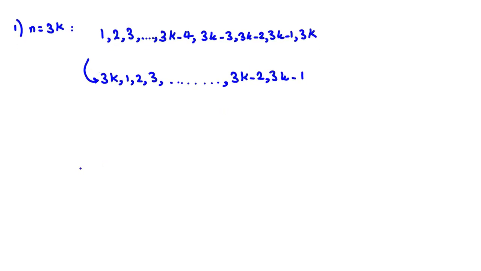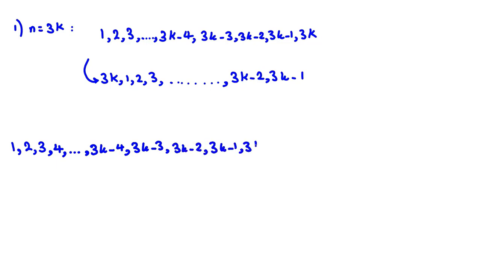So let's start. We have 1, 2, 3. Let's consider 4, for example, then 3k minus 4, 3k minus 3, 3k minus 2, 3k minus 1, 3k. At first, you see their sum is a multiple of 3 because it's 9k minus 3. So we can move 3k here, 3k minus 2 here, 3k minus 1 here, and then 3. By which rule? By the first rule.